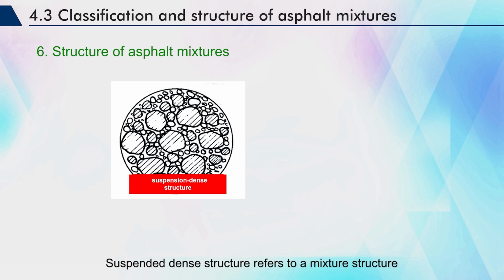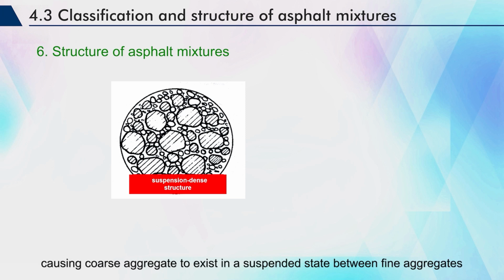Suspended dense structure refers to a mixture structure in which mineral aggregates are continuously and densely graded from large to small groups, with a small amount of coarse aggregate in the mixture that cannot form a skeleton. There is a large amount of fine aggregate, and larger particles are squeezed apart by smaller particles, causing coarse aggregates to exist in a suspended state between fine aggregates.